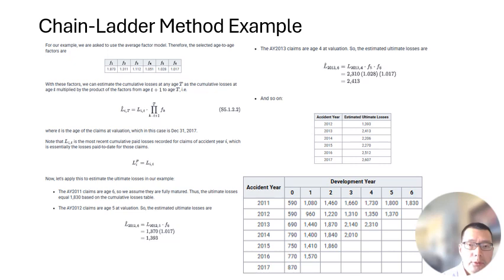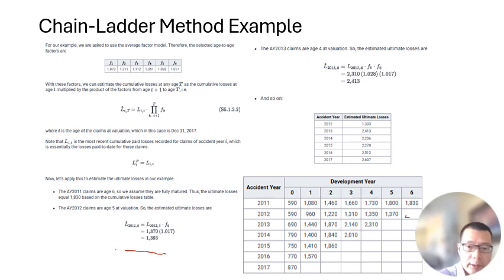For example, for 2012, the 6th development, you only have 1 factor there, so you just multiply the factor 1.017 by 1370 to get it.